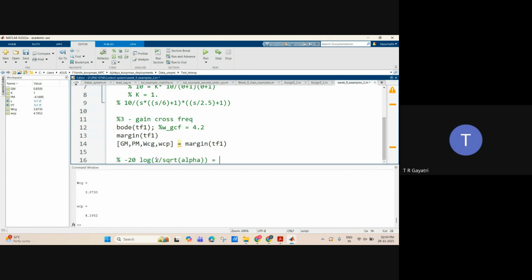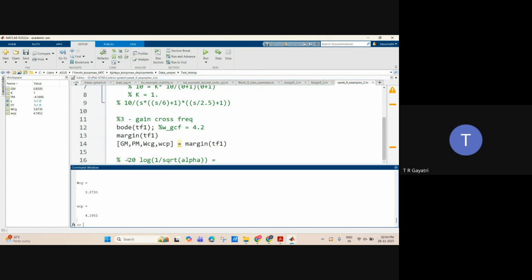Minus is there or not? It will be there. In the lecture, it was not there. Okay, 1 minute. I'm trying to find it from the image itself.